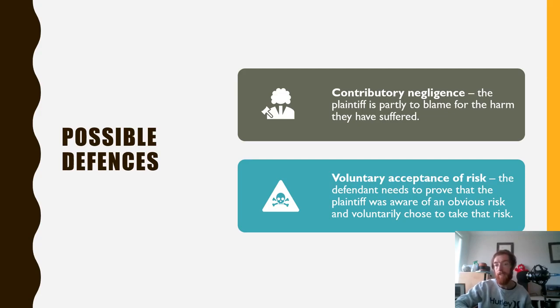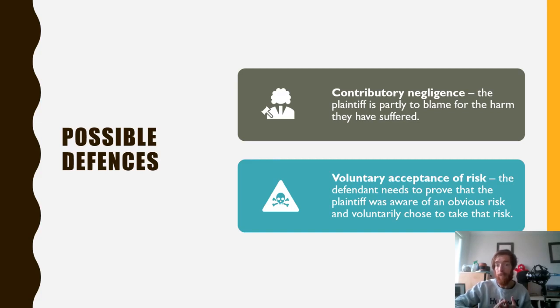My usual example for this is that if you went to the supermarket, saw a big puddle on the ground, saw there was no wet floor sign, looked at the camera, looked at the ground, looked at the camera again, smiled, and then ran towards the puddle, and then you slipped and got injured, there is reason to believe that the supermarket probably hasn't breached their duty of care because you clearly knew harm could have occurred by those actions and you contributed to those actions occurring. And so therefore, you as the plaintiff are partly to blame for the harm you have suffered.